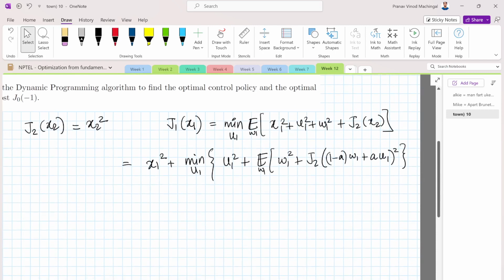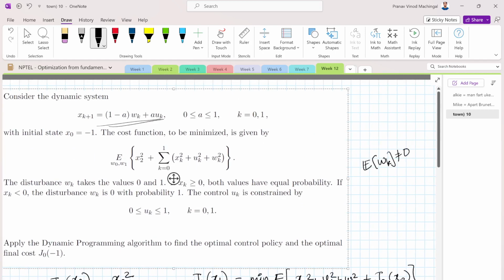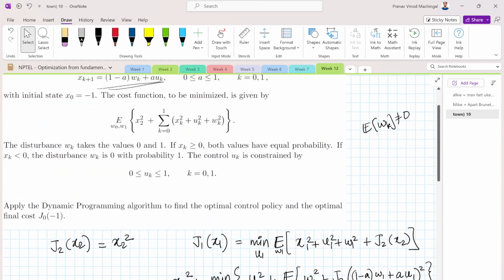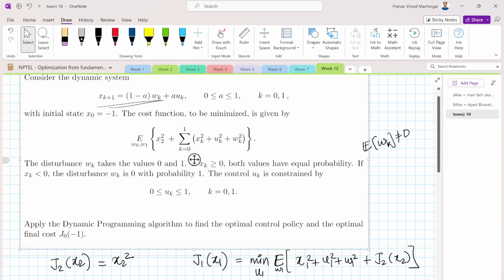So we'll have two cases, because to compute this expectation, when x1 is greater than 0, w is 0 with half probability, 1 with half probability, and when x1 is less than 0, w is 0 with probability 1.